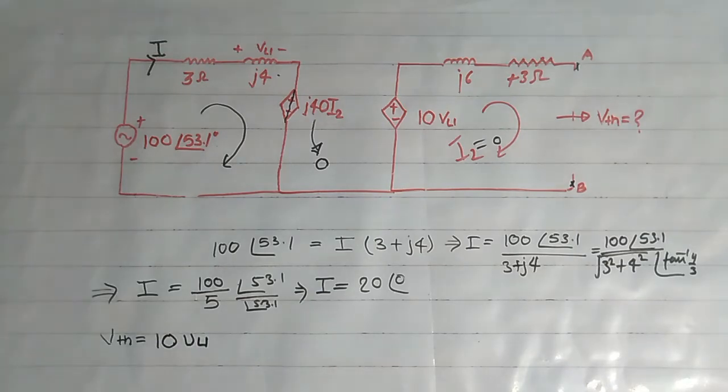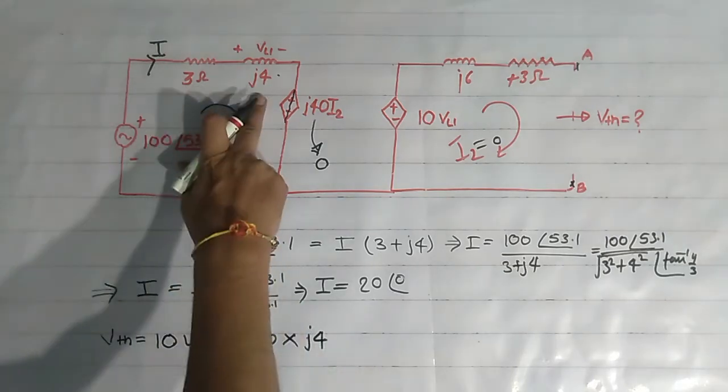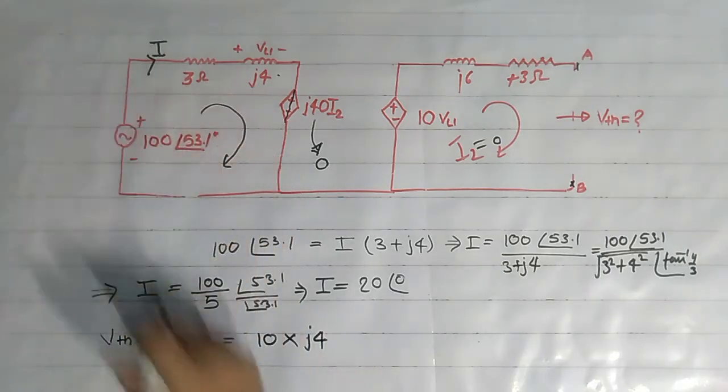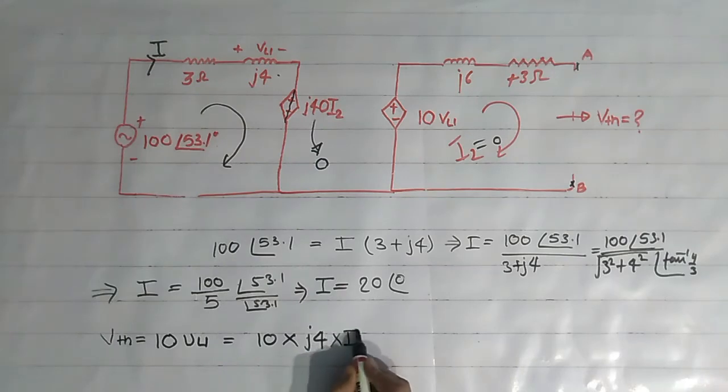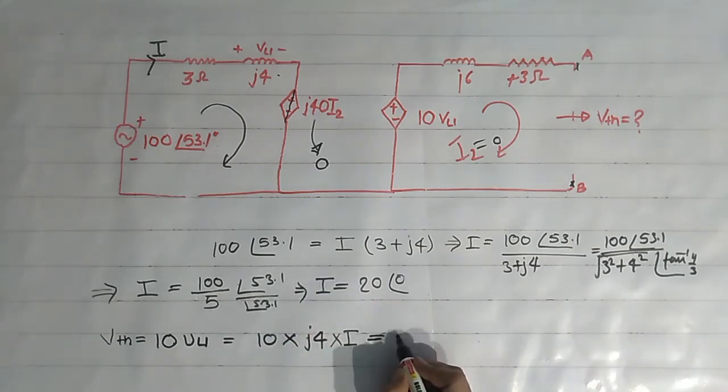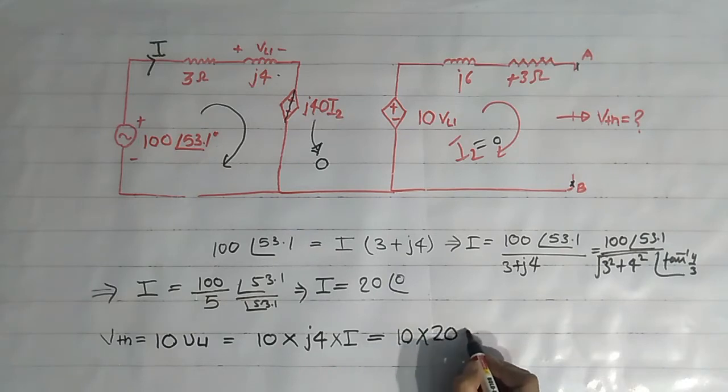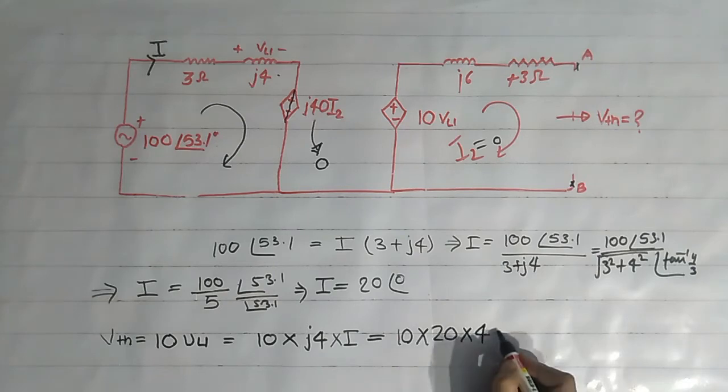Now what is VL1? VL1 is the voltage drop across this j4. So we can write 10 into j4 into I. What is voltage drop across j4? That is j4 into I. And what is I? I is equal to 20 angle 0. So equal to 10 into 20 into 4j.